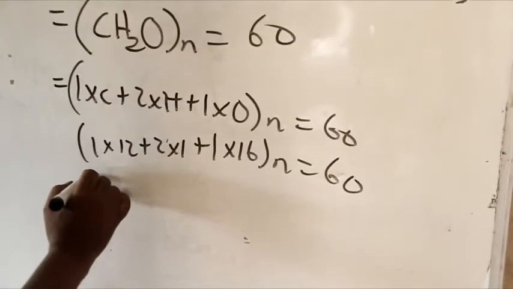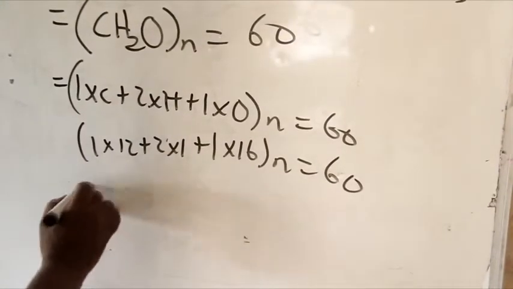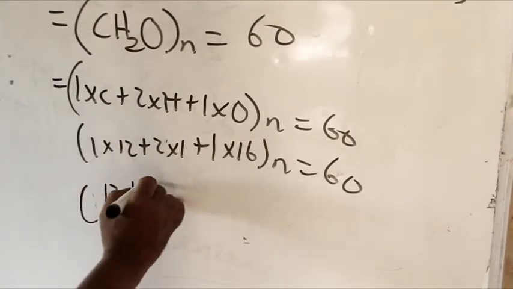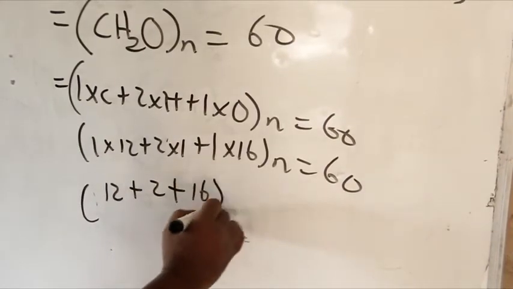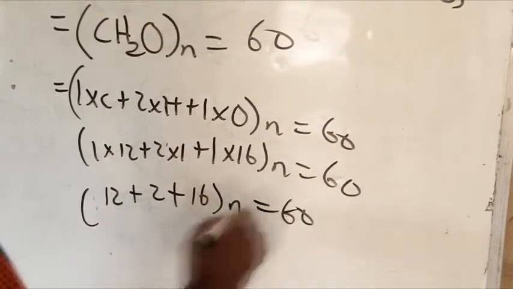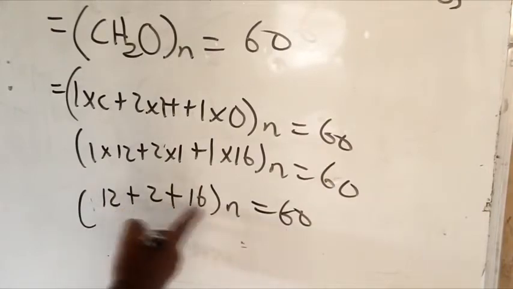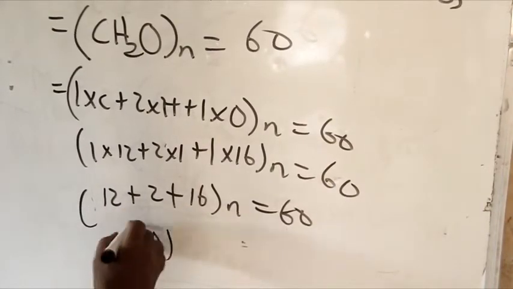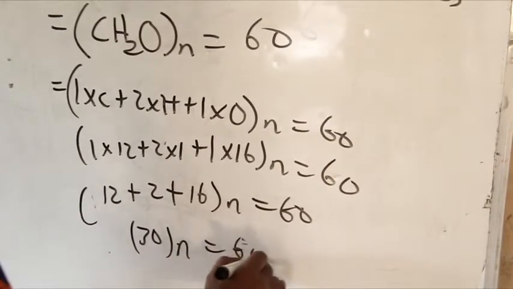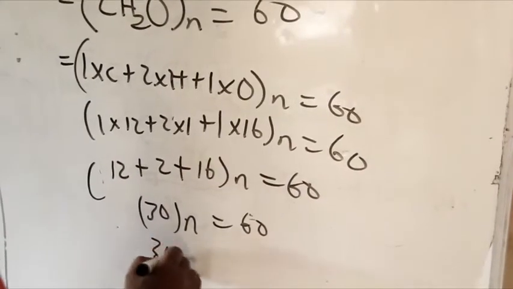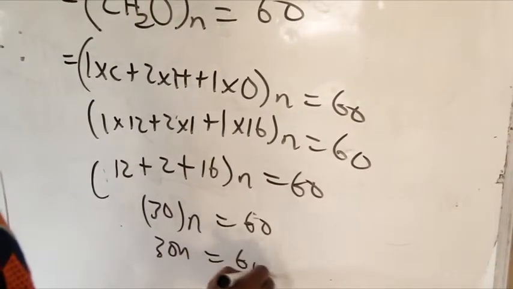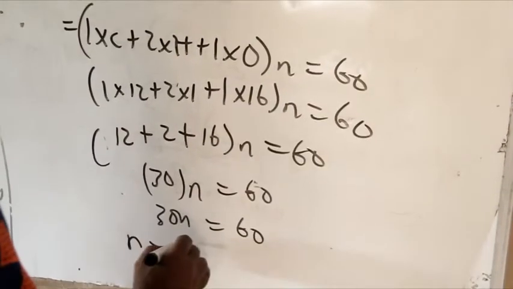Now we have bracket 12 plus 2 plus 16 into N is equal to 60. So we have 30 into N is equal to 60. And so 30N is equal to 60. Making N the subject of the formula, we have 60 divided by 30, which gives us 2. You are already there.